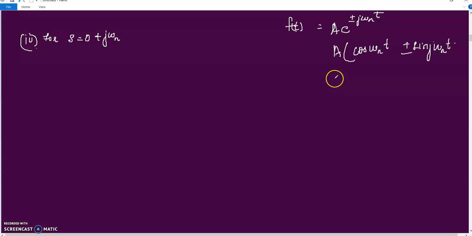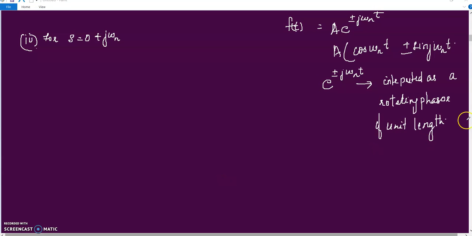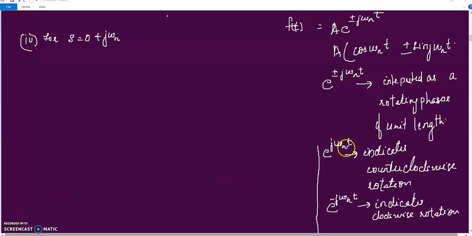The e raised to plus or minus j omega n t is interpreted as a rotating phasor of unit length. E raised to j omega n t indicates a counterclockwise rotation. E raised to minus j omega n t indicates a clockwise rotation.